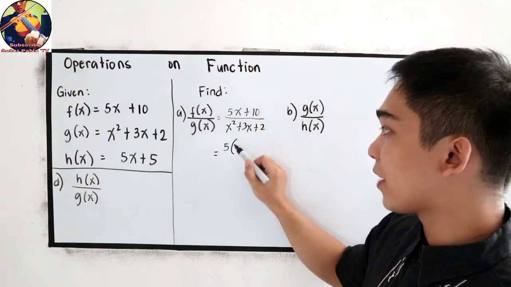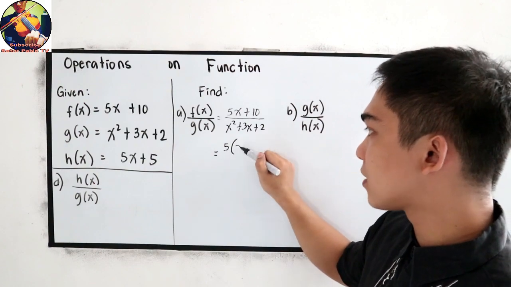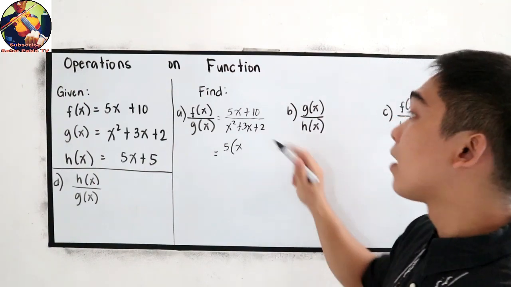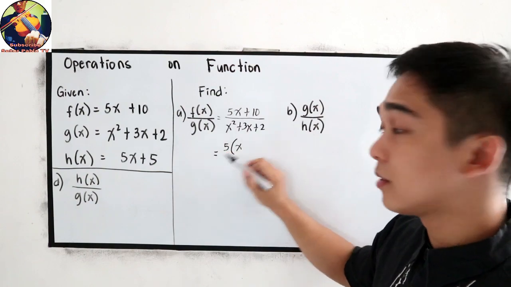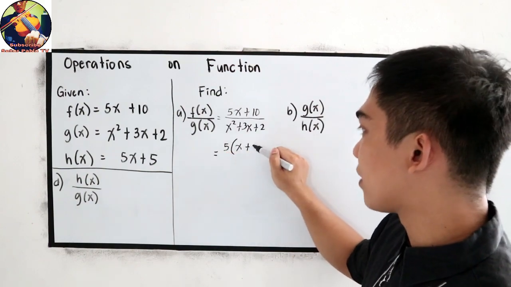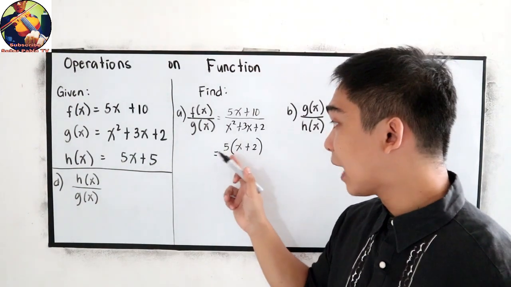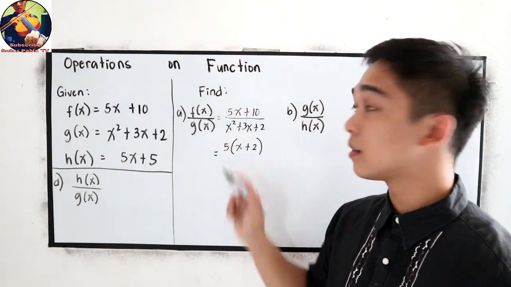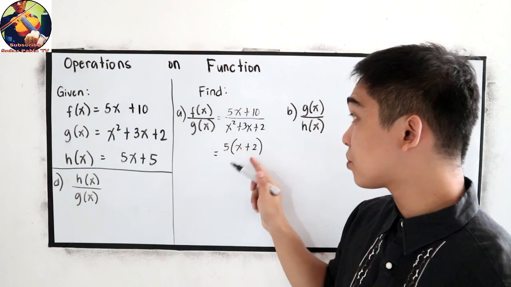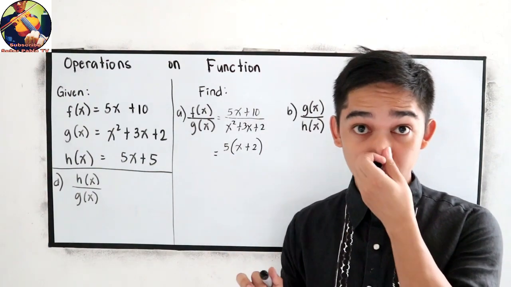So 5x divided by 5 will give us x. 10 divided by 5 will give us 2. Let us check. 5 times x is 5x, plus 5 times 2 is 10.